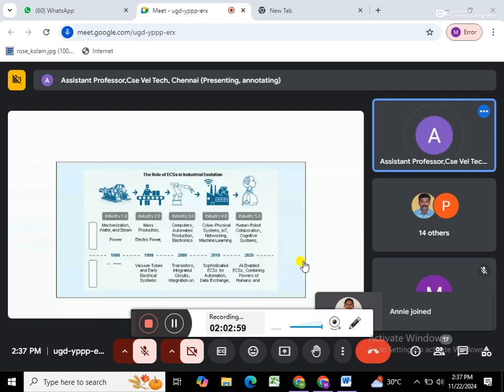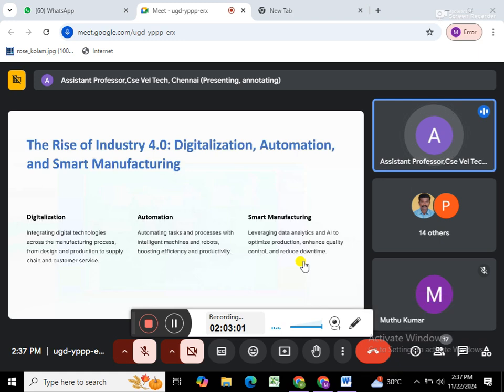Okay. So next one is the rise of Industry 4.0: digitalization, automation, and smart manufacturing. Now we call these the three pillars, the three domains of Industry 4.0, which integrates digitalization, automation, as well as smart manufacturing. In all these aspects, the usage of technology is inevitable.